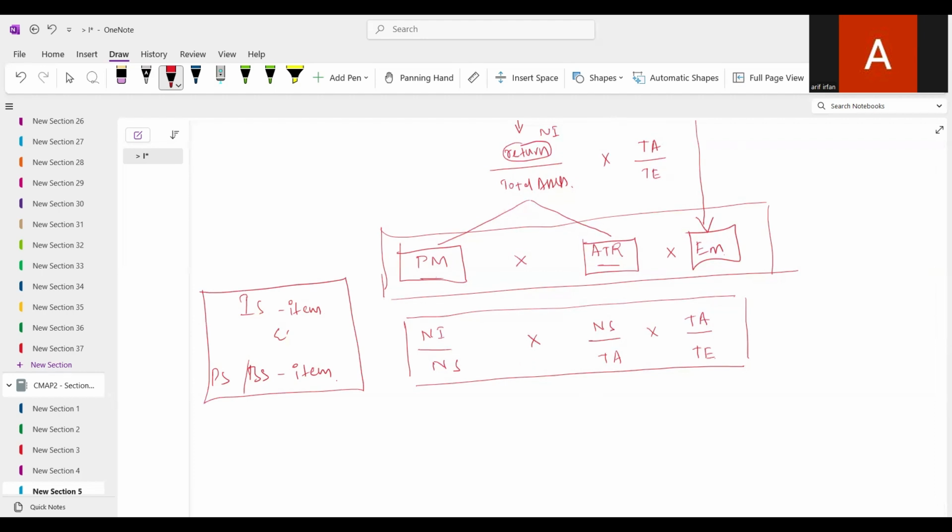You cannot take the income statement in combination with the position statement without some adjustment. These two are income statement items, so there is no problem at all. But when we talk about the asset turnover ratio, this is where we are taking an income statement item and a balance sheet item.